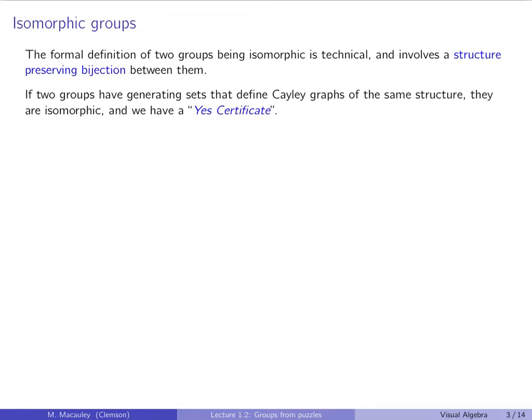If two groups have generating sets that define Cayley graphs of the same structure, then they are isomorphic, and we have a yes certificate. So in the previous example, I was able to show you generating sets of the rectangle symmetry group and the two light switch group, which resulted in Cayley graphs that had the same structure. So yes, they are isomorphic.